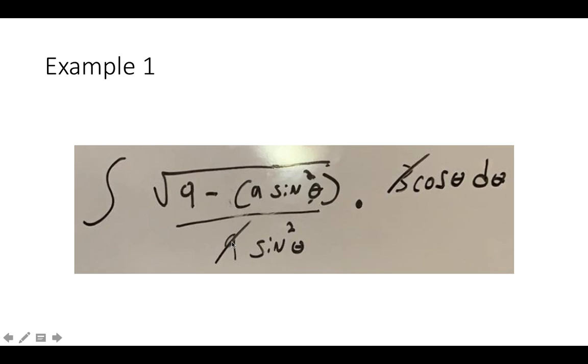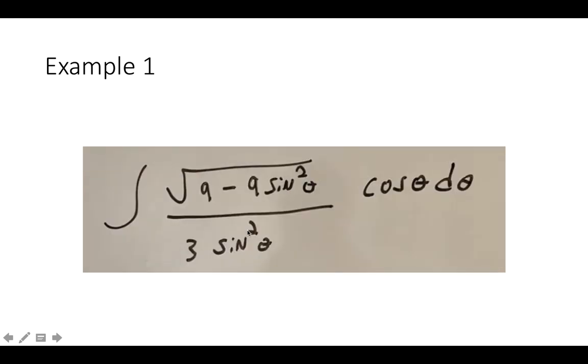Since we have a 9 on the bottom and a 3 over here, we can cancel these out, and we can make this 1/3. Right? So let's rewrite the problem. Now we have the square root of 9 minus 9 sine squared theta, divided by 3 sine squared theta, times cosine theta d theta.